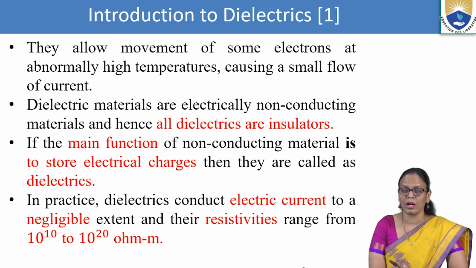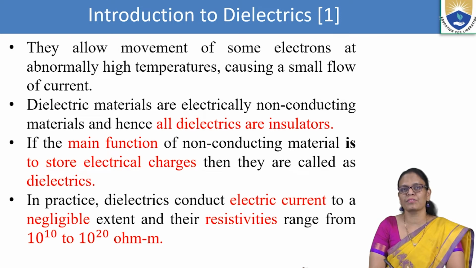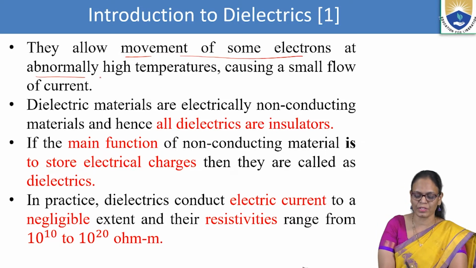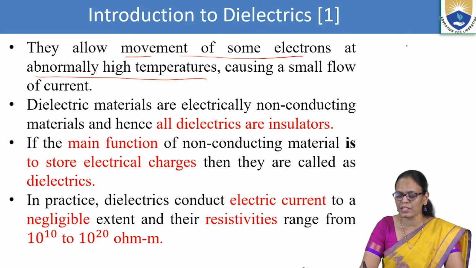Now, these dielectrics allow the movement of some electrons at abnormally high temperatures. I said the energy gap should be more than 3 electron volt.